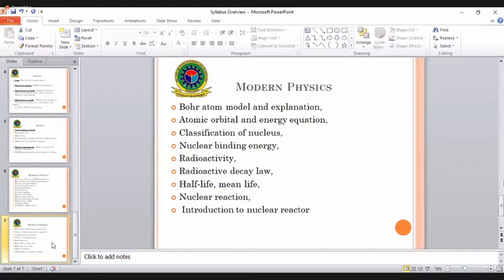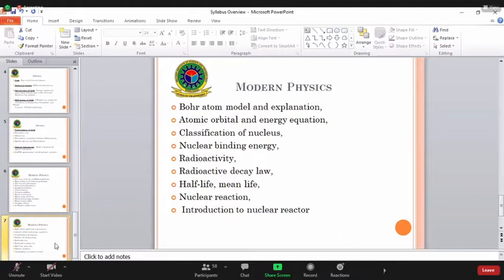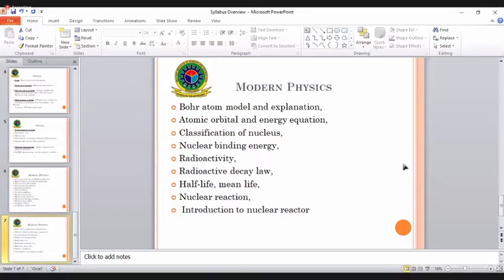Now you can note your Google Classroom code. I'm writing it in your chat box.